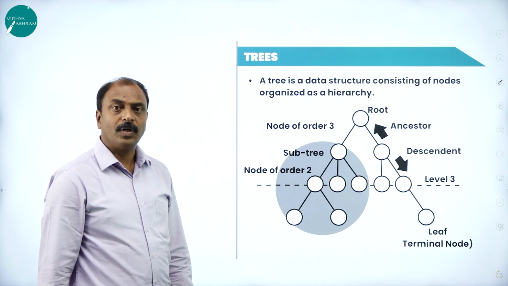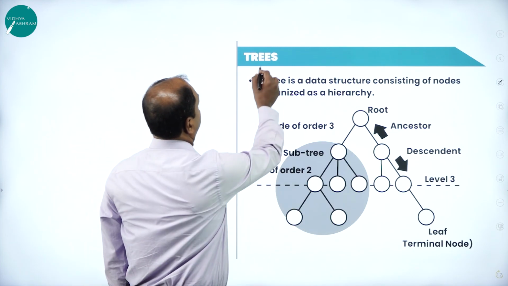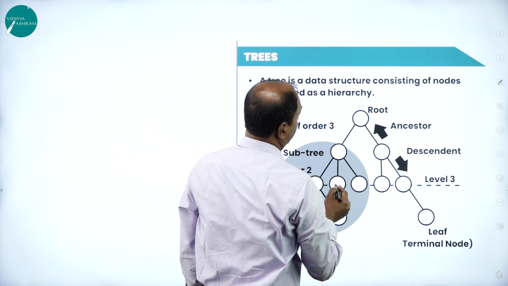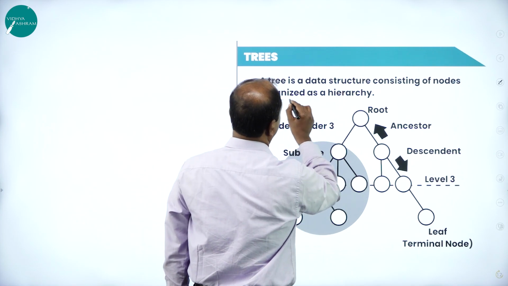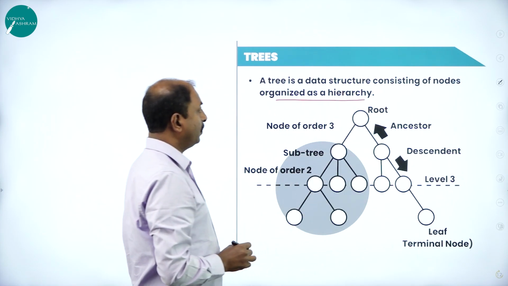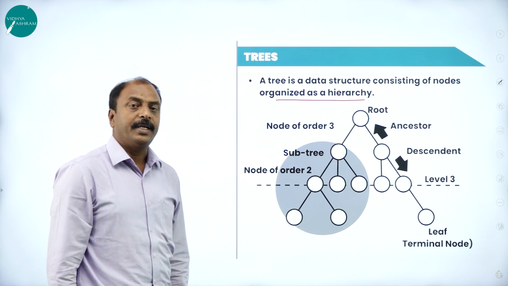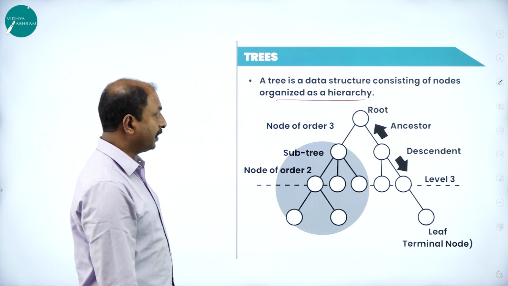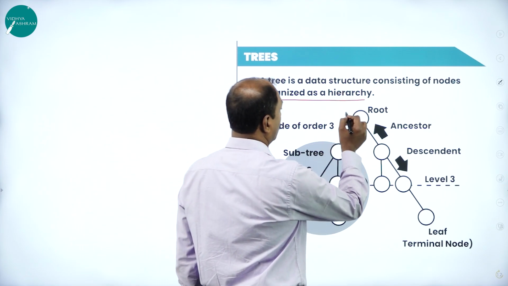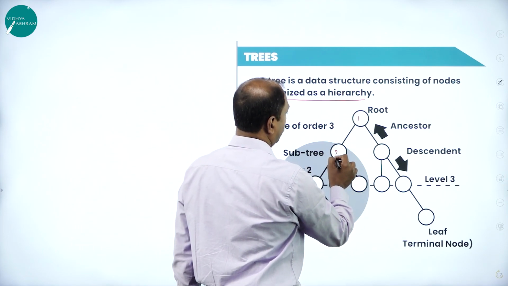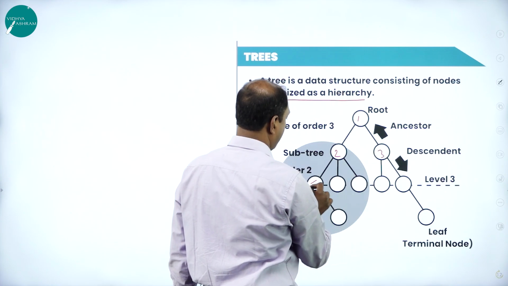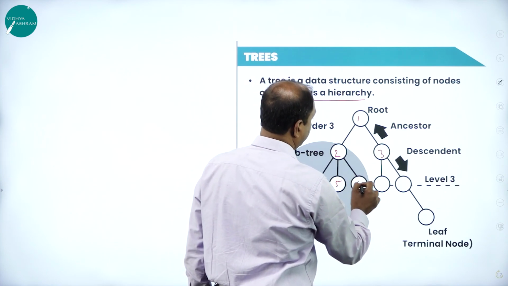Now let us see what trees are. A tree is a data structure consisting of nodes organized as a hierarchy. Look at the example here. This is an example of a tree data structure, and these are all called nodes: 1, 2, 3, 4, 5, 6, and so on.